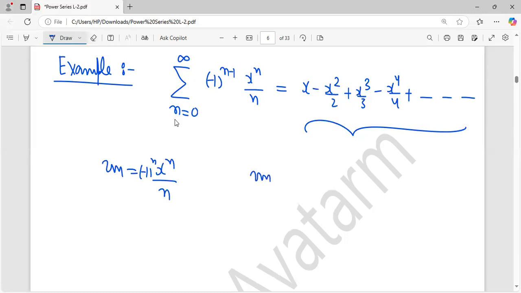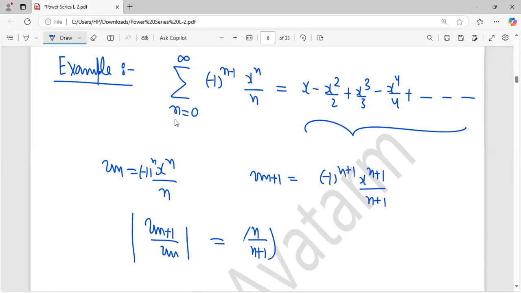And what is u_(n+1)? We calculate u_(n+1) upon u_n, that is going to be n upon n plus 1. Okay. So what is the limit of this?